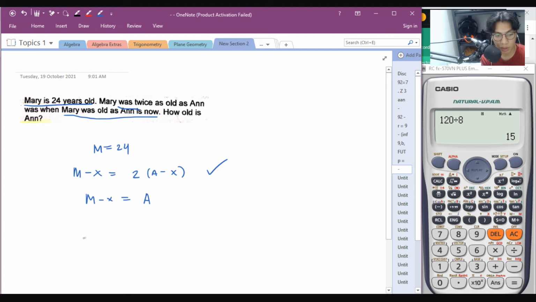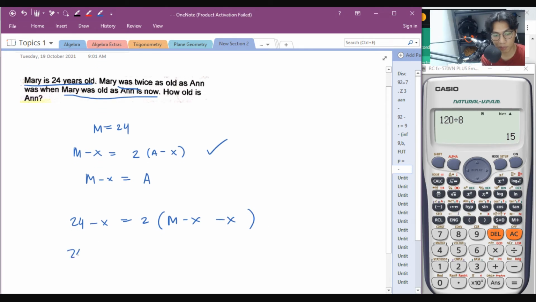Okay? So, 24 minus x equal to twice nung Ann. Si Ann is Mary minus x, minus x. Yan. So, 24 minus x equal to twice nung kay Mary, 24 minus x minus x. Hindi mo nga alam yun eh.